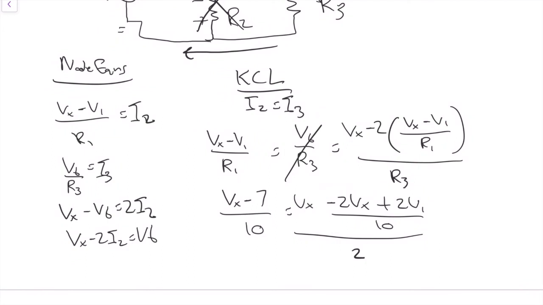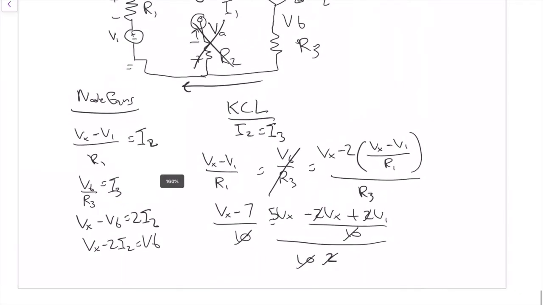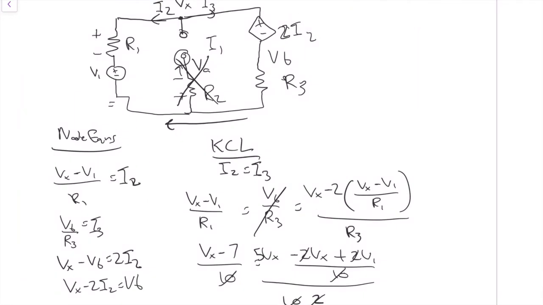Okay, we'll do our whole multiply by 5 thing. So this becomes 5, this crosses out, and then this becomes a 10. So then these 10s also cross out.